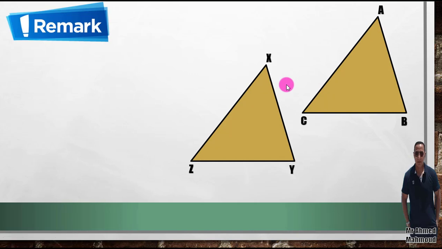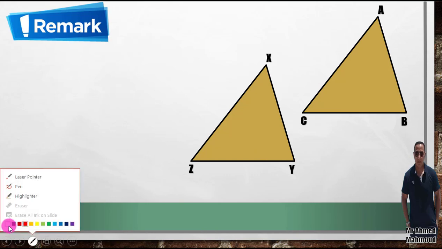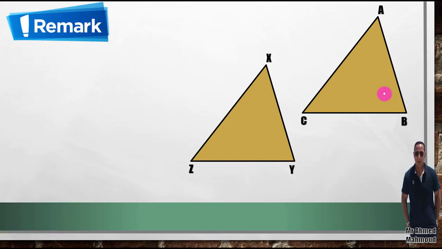Let, for example, angle B equal 50 and angle Y 50, angle C equal 60 and angle Z equal 60. Let's evaluate angle A. Angle A equal 180 minus (60 plus 50) equal 70. And the angle X equal 180 minus (50 plus 60) also equal 70 degrees.